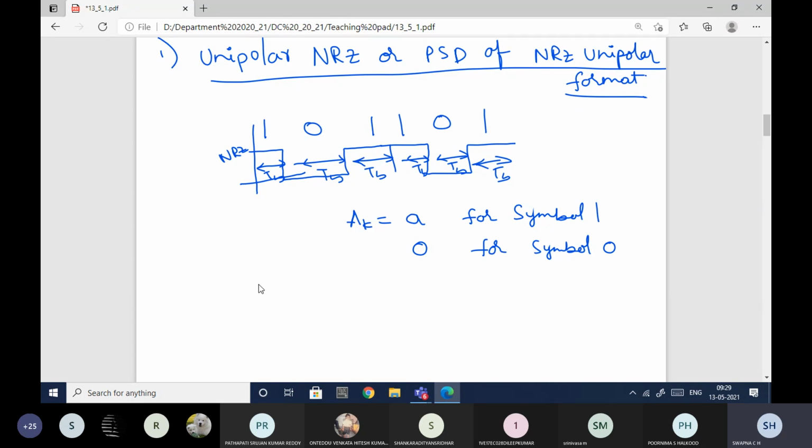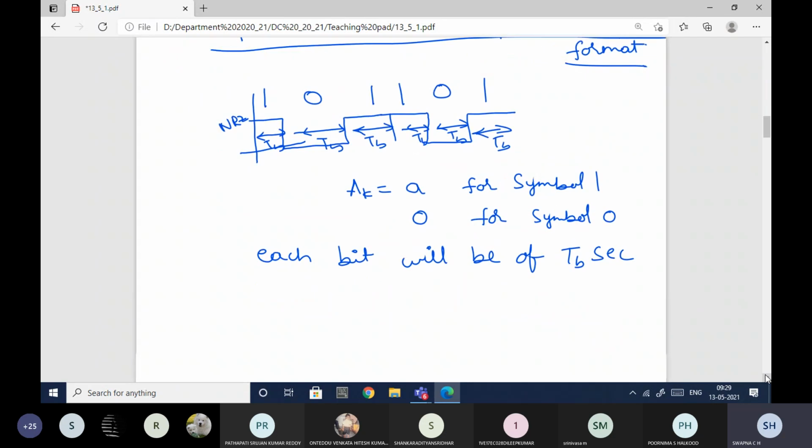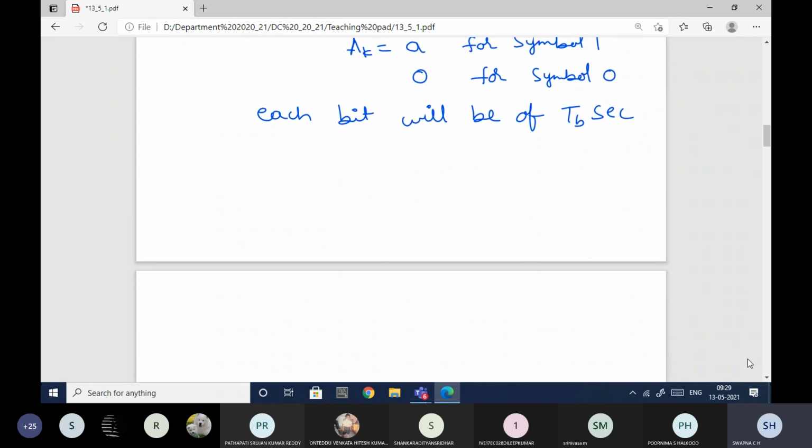Each bit will be of T_B seconds. Here we need to calculate for two cases.